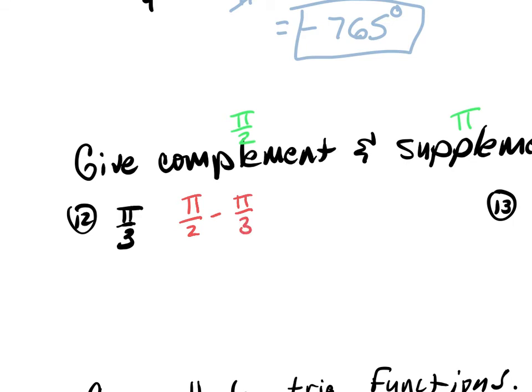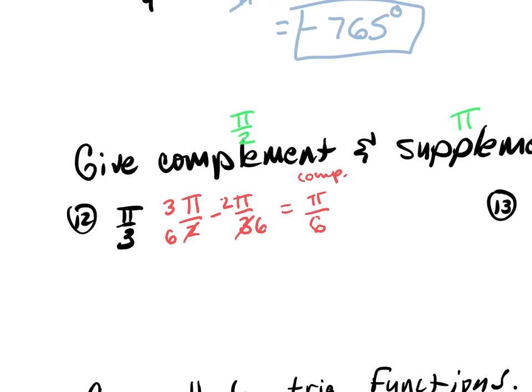In order to subtract fractions, we need the same denominator, so I'm going to multiply the first one, the top and the bottom, by 3 to give me 6 on the denominator, and then the second one I have to multiply the top and the bottom by 2, so I have 6. Our denominator stays the same. Just subtract the numerators, so we have 3 pi minus 2 pi, which is just pi. So our complement is pi over 6.